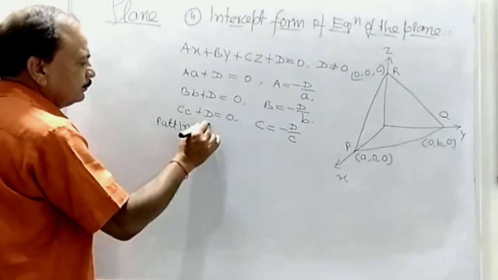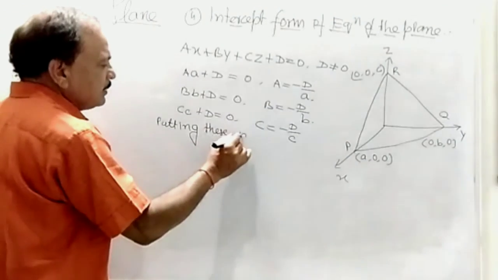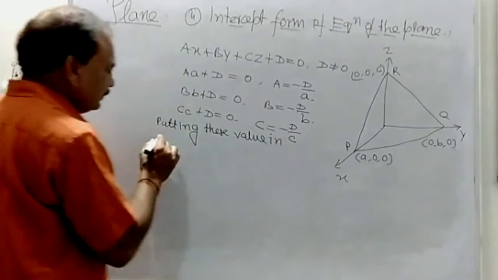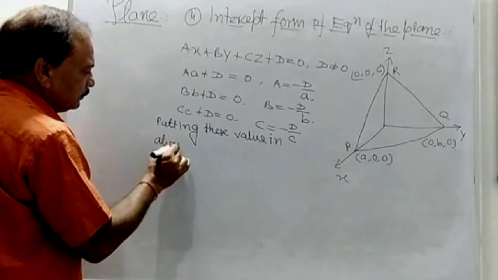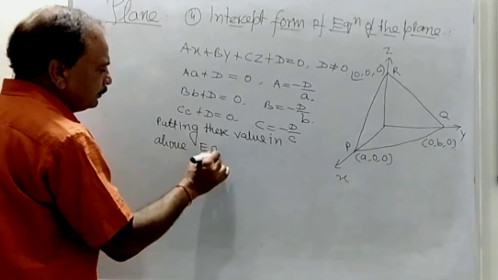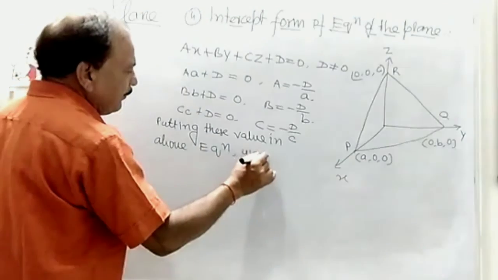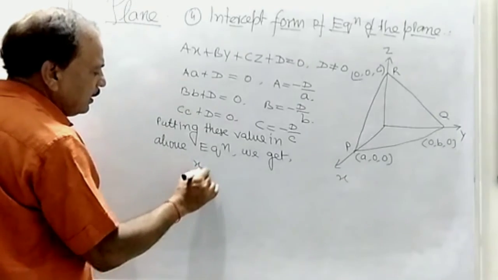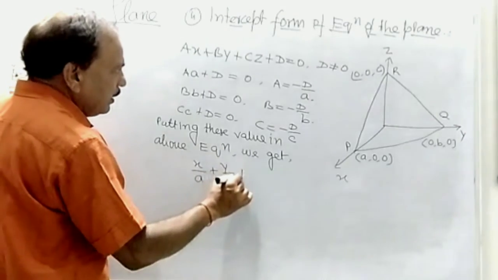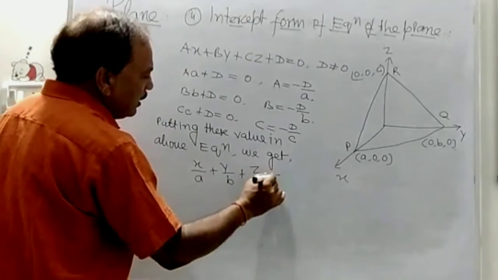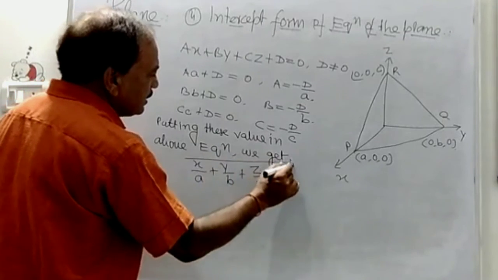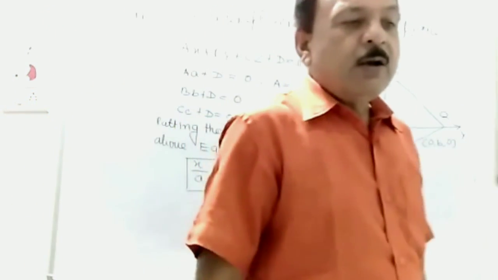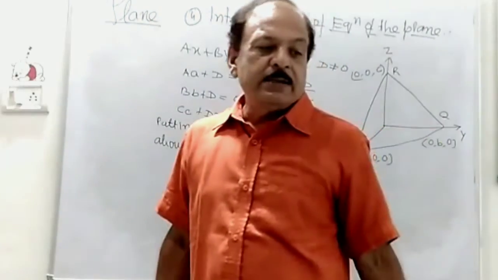Putting this value in the above equation, we get x upon A plus y upon B plus z upon C equal to 1. So this is the equation of plane making the intercepts A, B and C on x-axis, y-axis and z-axis.